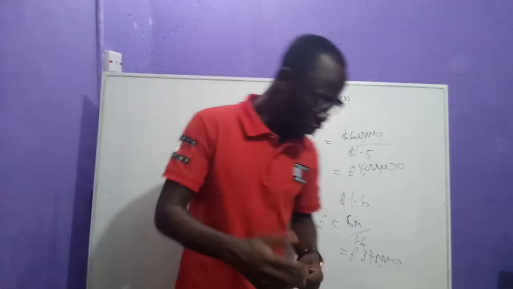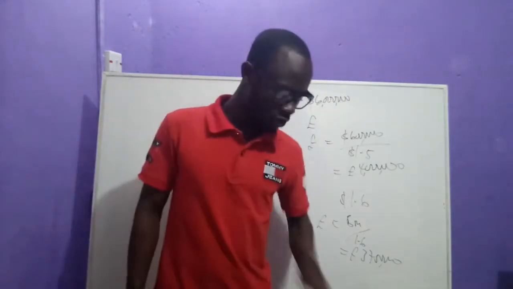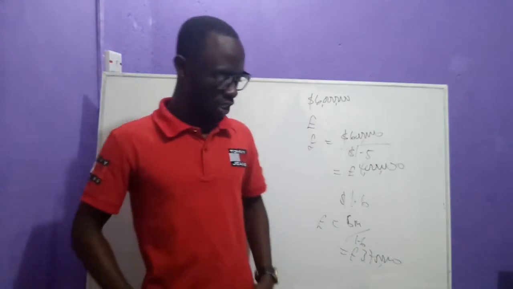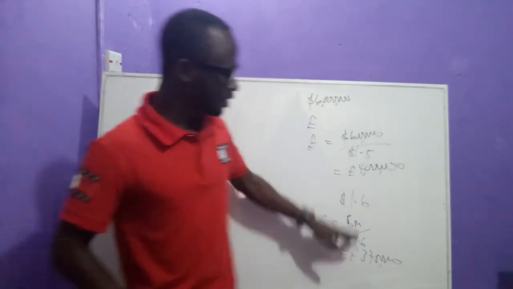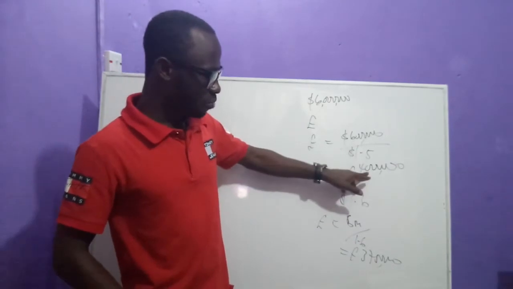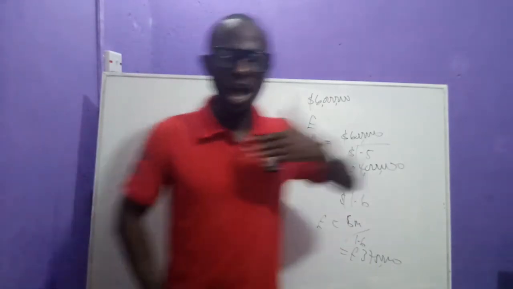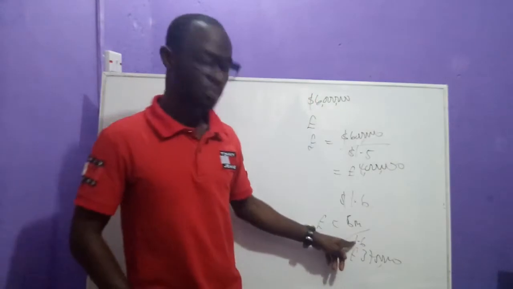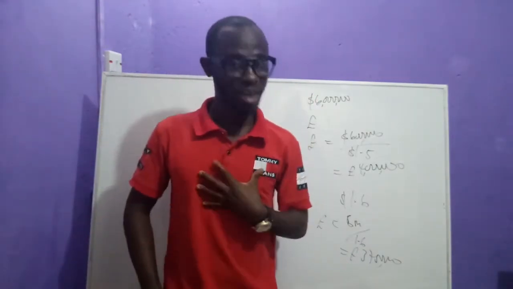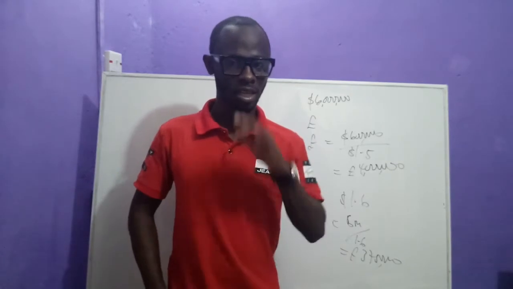Now, what will you do here? If the spot rate moves to this, the option holder will let the option lapse and will buy at the spot rate. You realize that when we buy this at 1.5, we'll be paying 4 million, but we will allow it to lapse so that we buy at the spot rate of 1.6, because we'll be incurring less cost as a company.